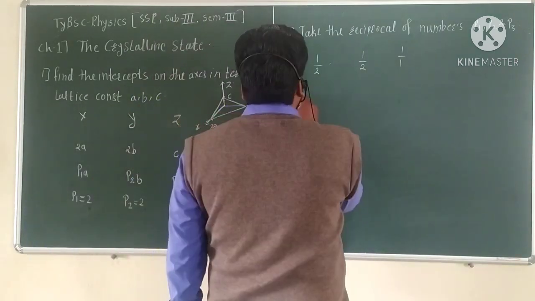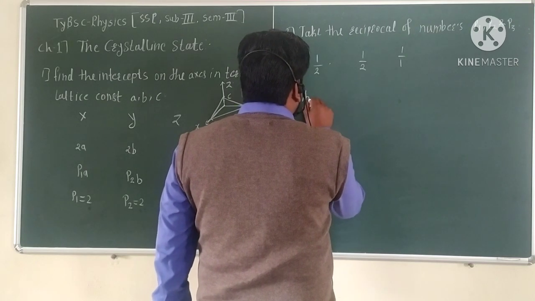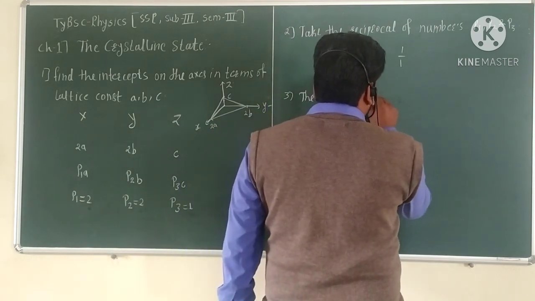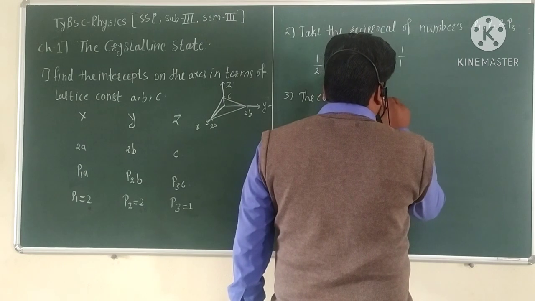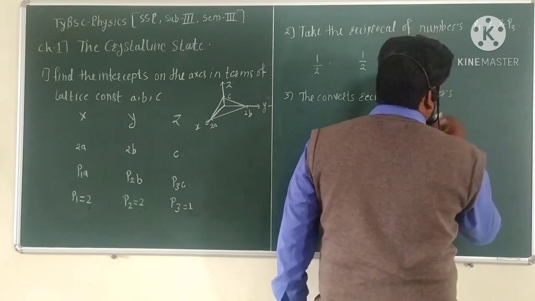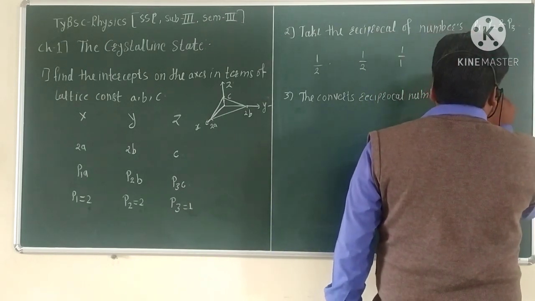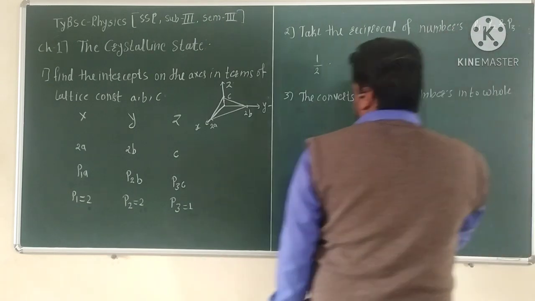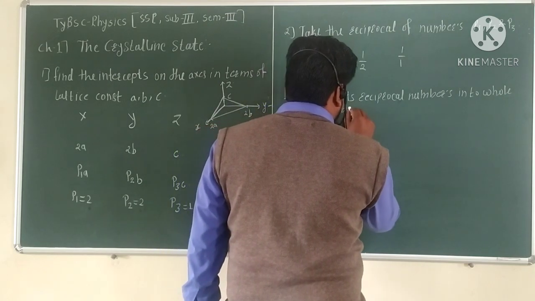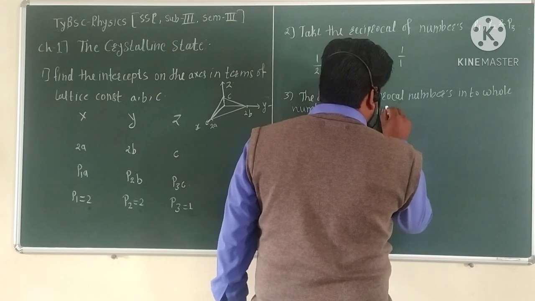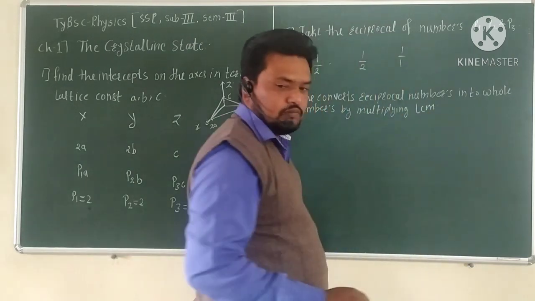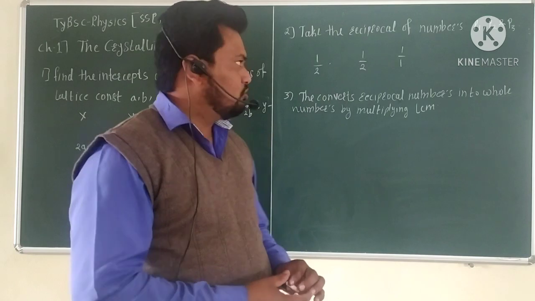So the third step is to convert the reciprocal numbers into whole numbers by multiplying by the LCM.